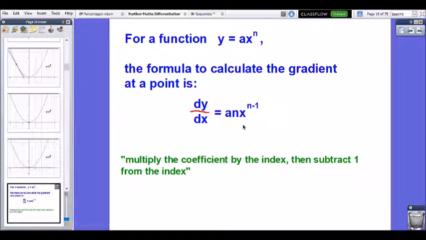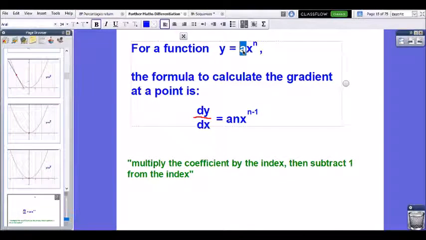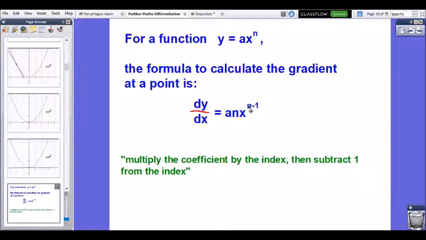Okay, so in words, that just means take your number in front of x, so take that coefficient of x and multiply it by the index, so the number on top of the x. So just multiply them together to get an, and then all you need to do is take 1 away from the index of x. Right, that might sound like a lot at the moment, but it's a relatively easy skill, and you'll be doing it with your eyes closed by Christmas, because you'll be doing it all the time. It's one of the most common things that comes up in A-level maths.